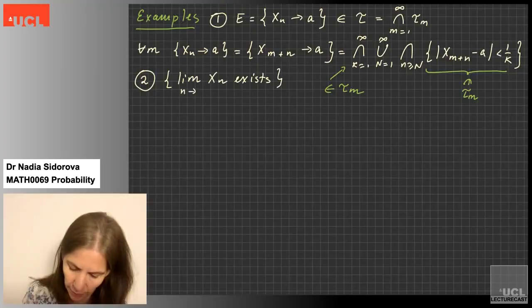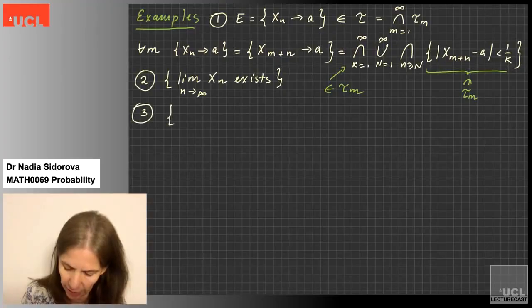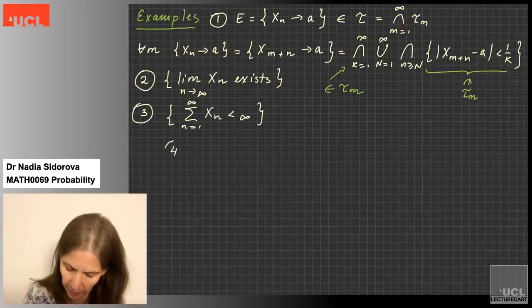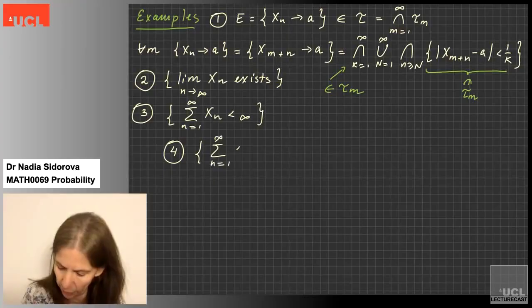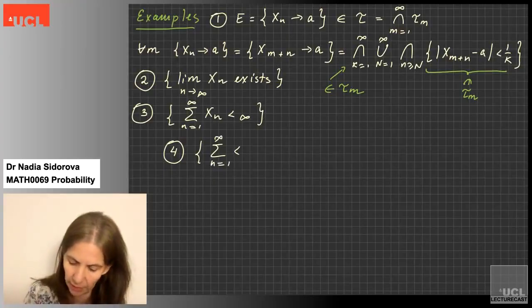The third event will be the series xn converges. The fourth event will be the series does not only converge, but its sum is positive.